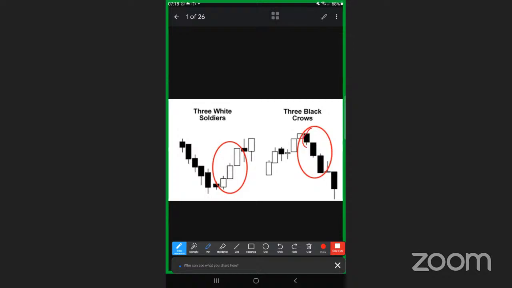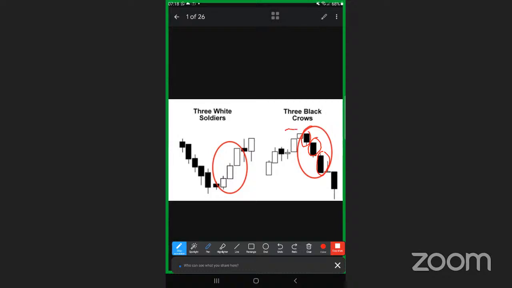The formation of the candles tells you that it's going to be a long downtrend here. When you see a market like this, you need to understand that it's going to be a long downtrend.